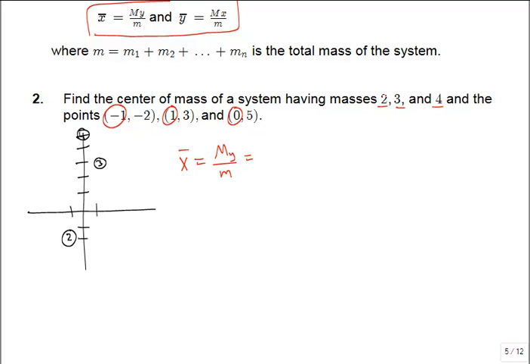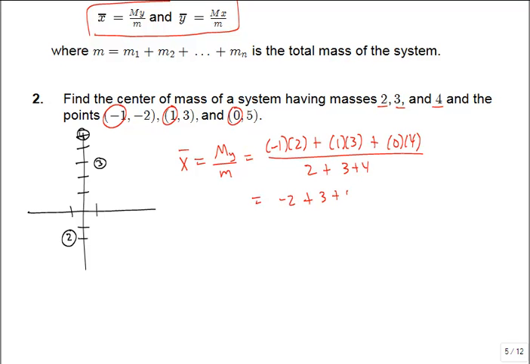So -1 times the mass 2, plus 1 times the mass 3, plus 0 times the mass 4, and we're going to divide all of that by the mass of the whole system, which is 2 plus 3 plus 4. So that's going to give me (-2 + 3 + 0)/9, which is just 1/9.